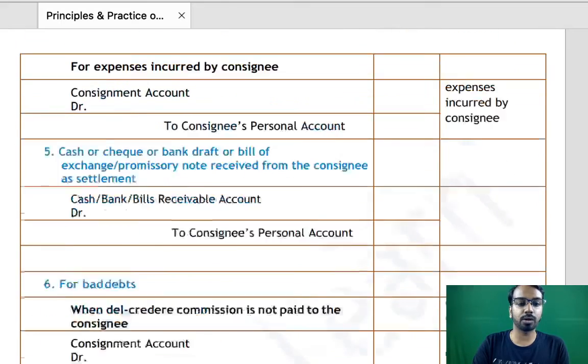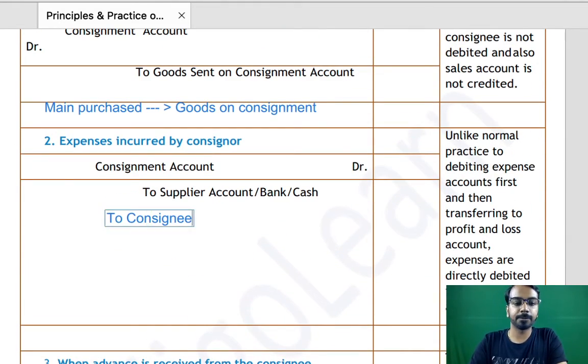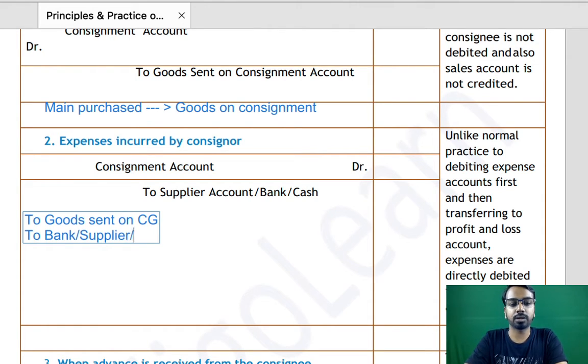So I just want to draw a brief table of how it would look. If you consider this as a consignment account: to goods sent on consignment, to expenses. Now, for expenses, you will have either to bank, or to supplier, or to consignee.